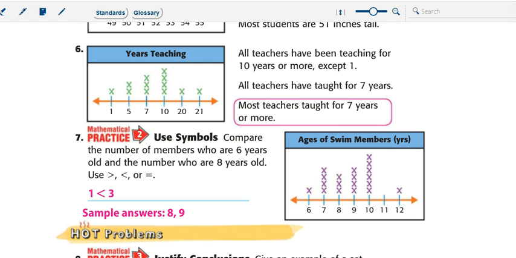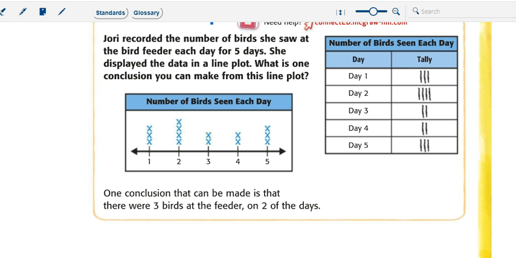So the statement that is true is the last one. Now we cannot say that the second one is true because look at the number of x's above the 7, so we cannot say that all teachers have taught for 7 years, okay? Now we can turn the page, okay?